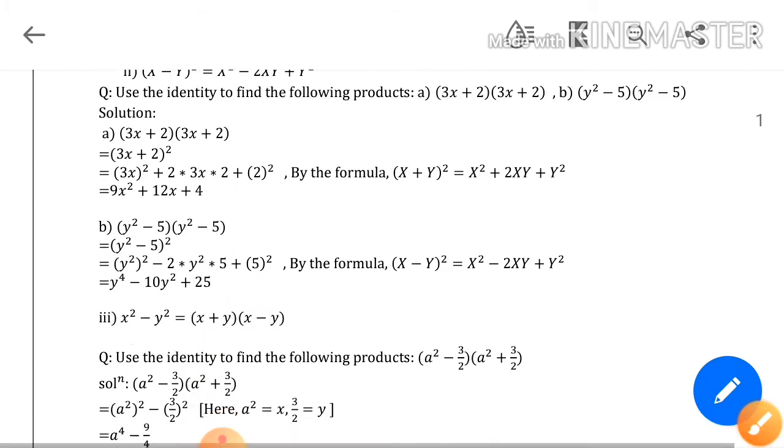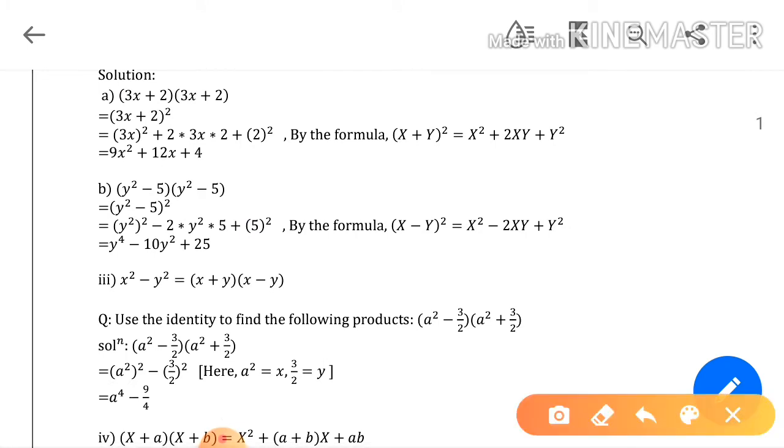Then we take the next question: (y square − 5) into (y square − 5). We can write it as (y square − 5) whole square. Here capital X equals y square and y equals 5.